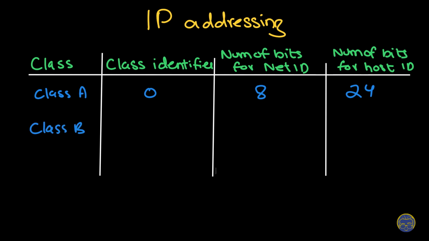The system defined five classes: A, B, C, D, and E. Classes A, B, and C have different bit lengths for network identification. The class formats impose some restrictions on the available addresses. For example, a class C address is not allowed to use host number 0 to 255.